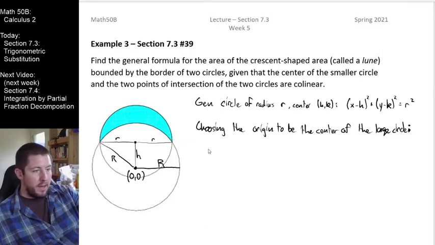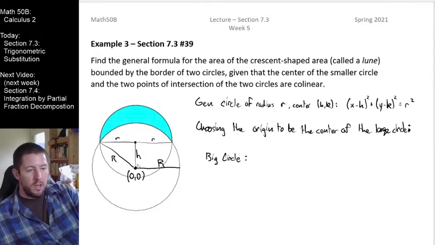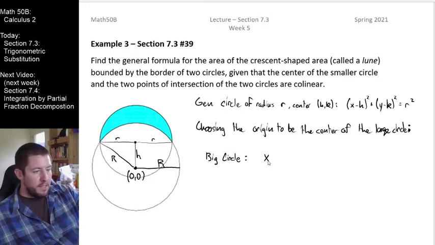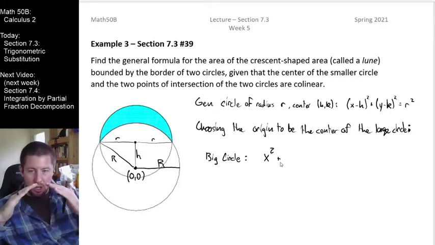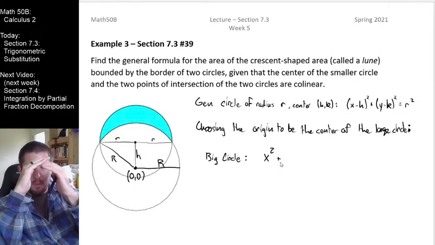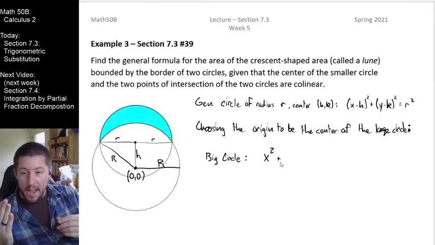All right, so I'm thinking here that our big circle is going to be our easy equation because we've centered it at the origin. Because it is centered at 0, 0, h and k are both 0 in its equation right here. So I'm going to be able to define this guy as x squared plus y squared. Now, I want to differentiate between the large circle equation and the small circle equation, but they're both going to be y equals equations.